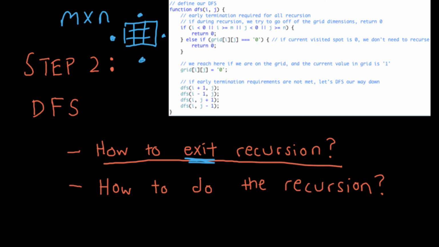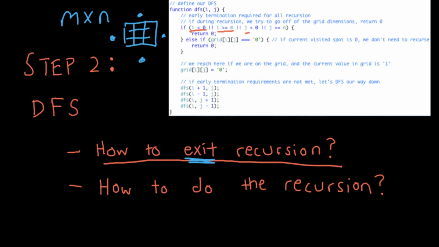Well, one way is if I is less than 0. In zero-indexed arrays, I less than 0 is not going to work. The other thing is m represents a length, and we know that the actual last index is m minus 1. So if it's greater than or equal to m, we don't want that either. So that's how you know where your boundaries are.